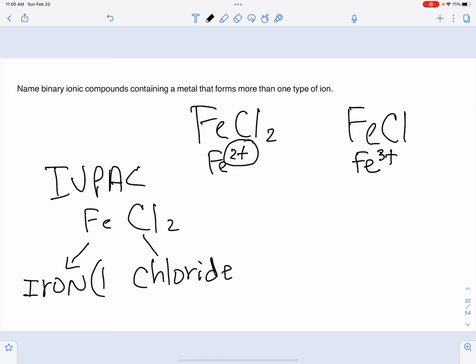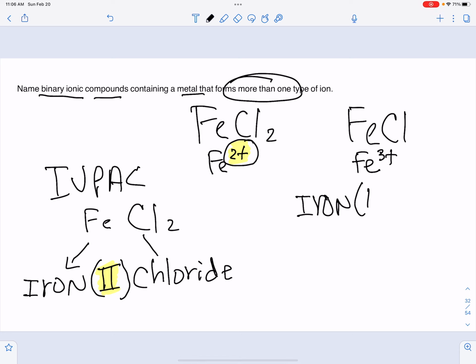I'm going to use a Roman numeral. So whenever you have a binary ionic compound that has a metal with more than one type of ion, because it's a transition metal, you have to tell the charge of the metal with a Roman numeral. So the one on the right is going to be called iron, Roman numeral 3, chloride.